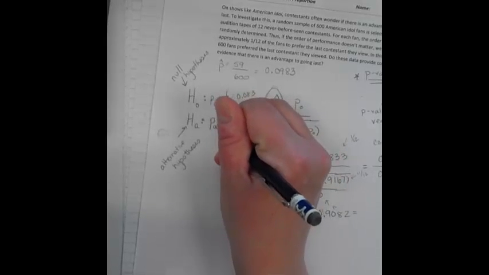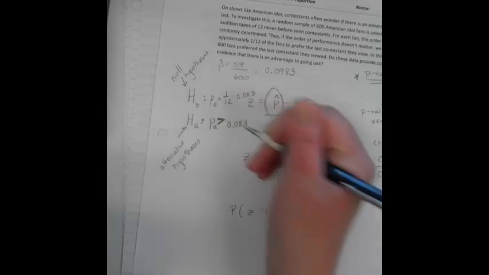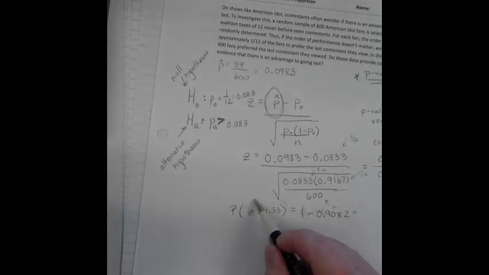So I'm going to change that with a greater than sign. I'm trying to find out if it's bigger than that z-score. That z-score is 1.33. It corresponds to 0.9082. I need the part bigger than it.